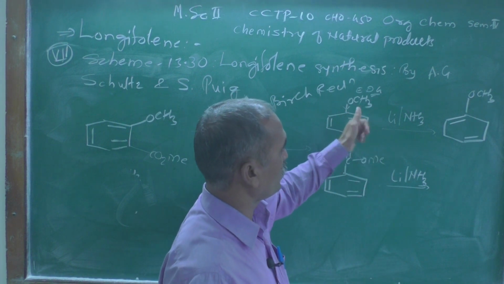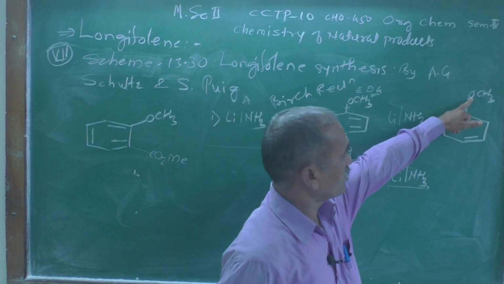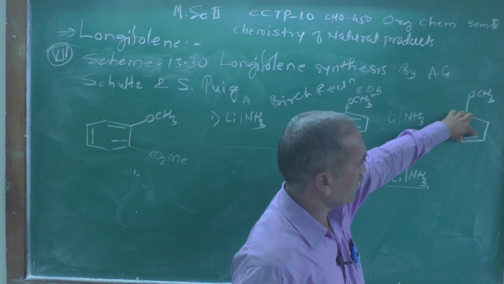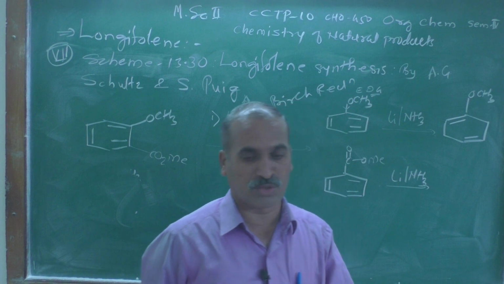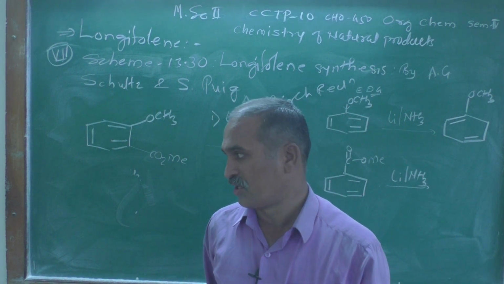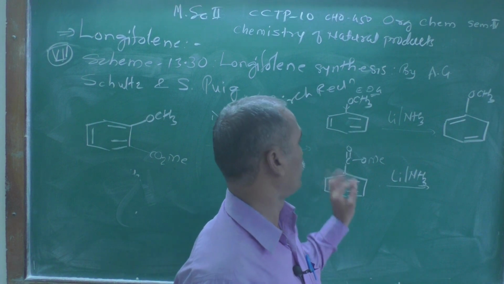Remember, electron donating groups are there, so adjacent to that electron donating group there is a double bond, and here also. This partial reduction is only possible with the Birch reduction. So you should remember that.